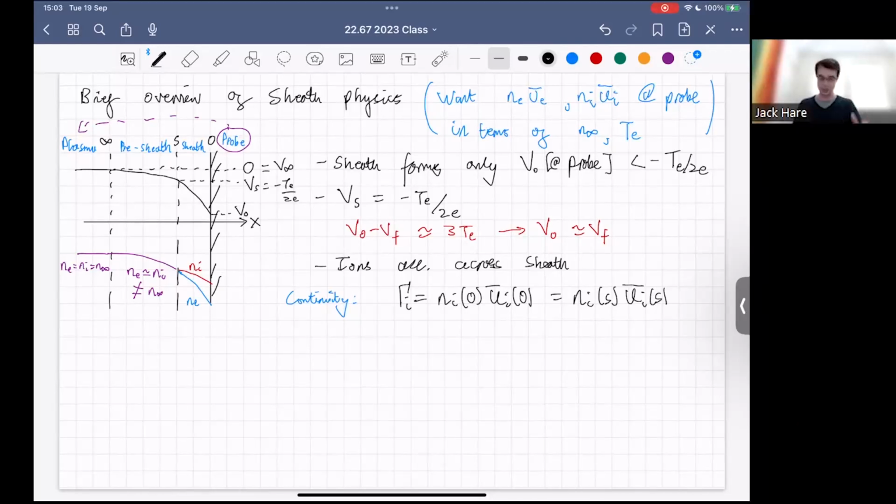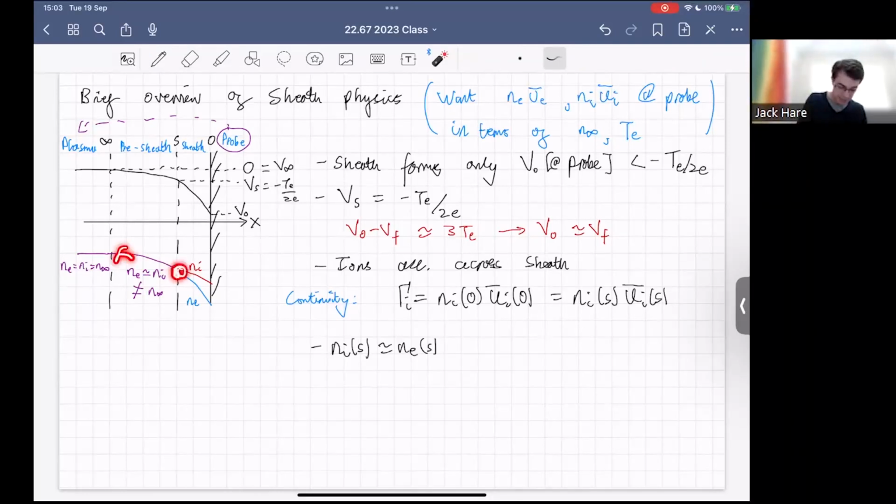And the reason that's useful is because we can write the density at the sheath as roughly equal to the electron density at the sheath. Remember, we're in this quasi-neutral regime down to here. At this point the potential drop is small enough that we're quasi-neutral, so we can still use quasi-neutrality to write the ion density in terms of the electron density. And the electrons we're going to treat with a Boltzmann factor.